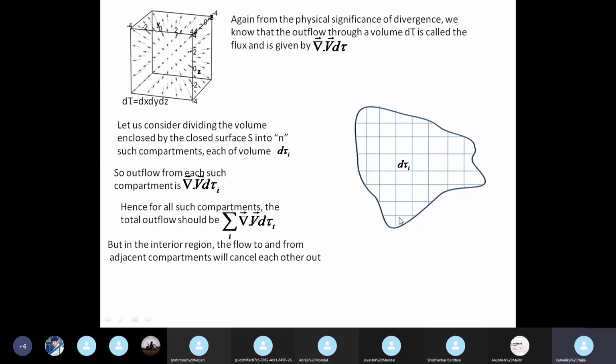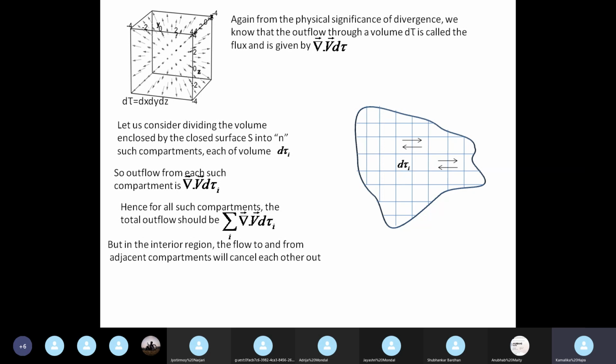However, if you consider the interior of this enclosure over here, then it is easy to imagine that the flow from adjacent compartments will cancel each other out because all of them are of the same volume. So outflow from each of them is divergence V d tau i. So the amount coming from this compartment to this will be equal to the amount coming from this to this.